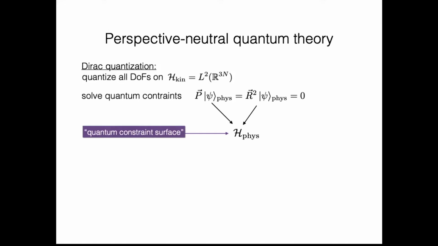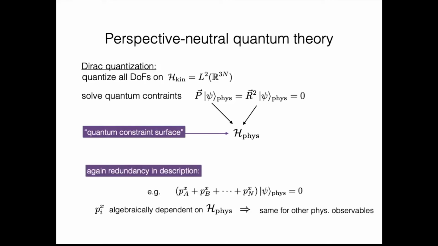And now there's again a redundancy in the description, also in the quantum theory. And why is that? Of course, it's because on the physical Hilbert space, let's pick the x direction here, all the P_i^x operators are actually algebraically dependent. And they actually turn out to be also gauge invariant, so it makes sense to say that. By similar reasoning, one can argue that the other gauge-invariant observables, so-called Dirac observables, are also algebraically dependent.